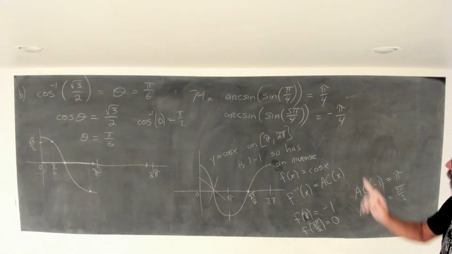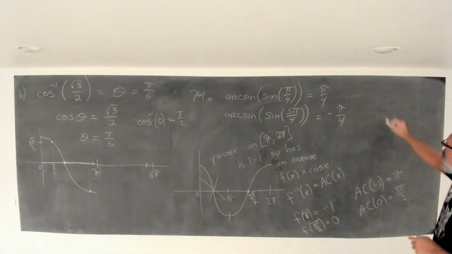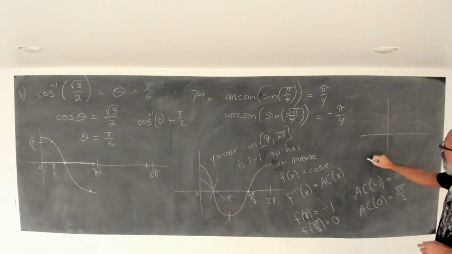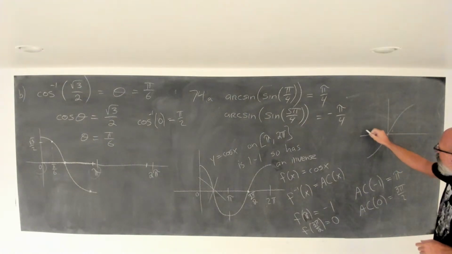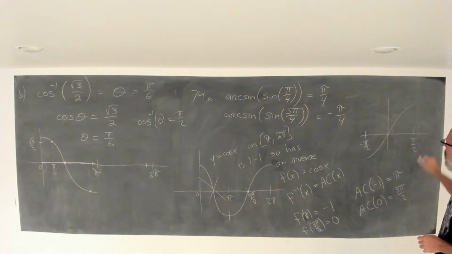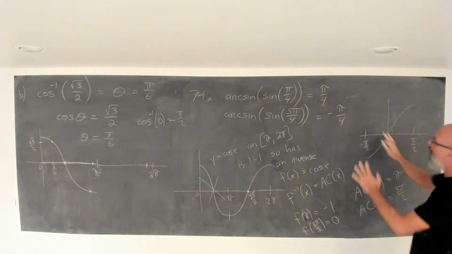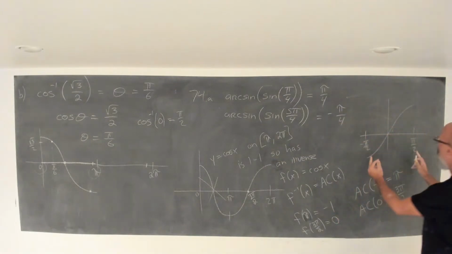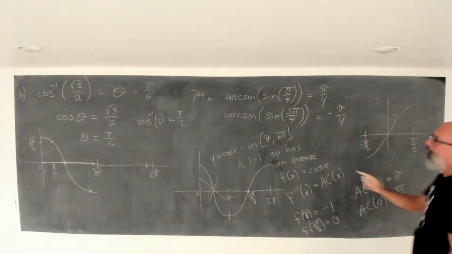Again, remember, with the arc sine, it's understood that you are restricting your attention to the interval negative pi over 2 to pi over 2. So whatever answer you spit out, it better be in this interval.